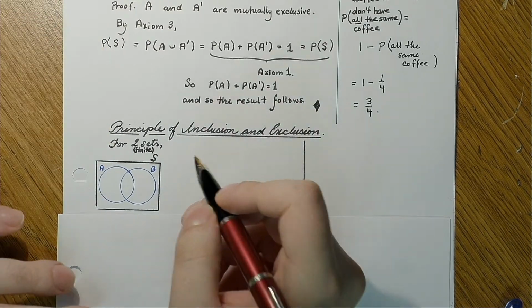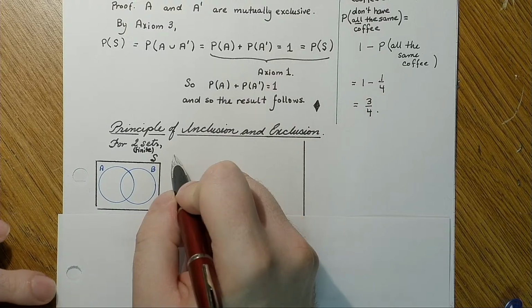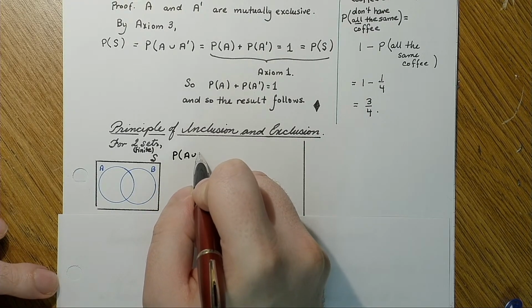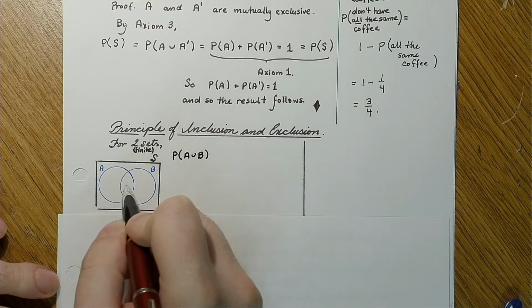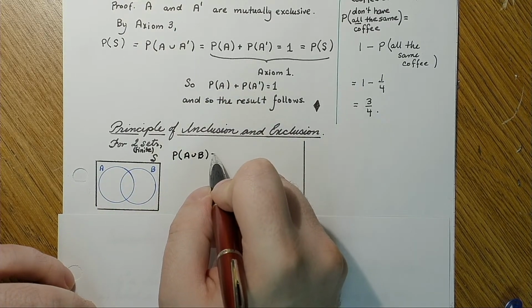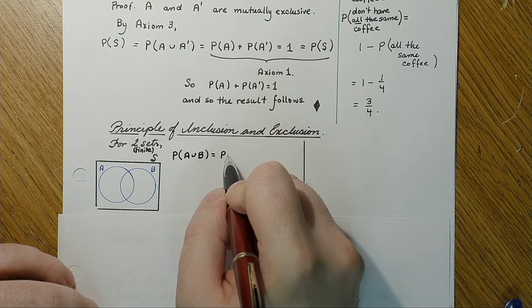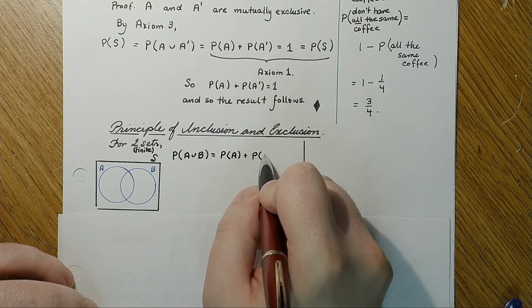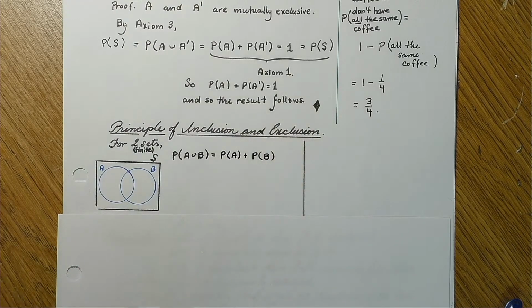So the idea is that we want to know, say, the probability of A union B. So I have this here. And what I need to do is sum up the probability of A plus the probability of B. But if I do that, let me just grab a pencil.